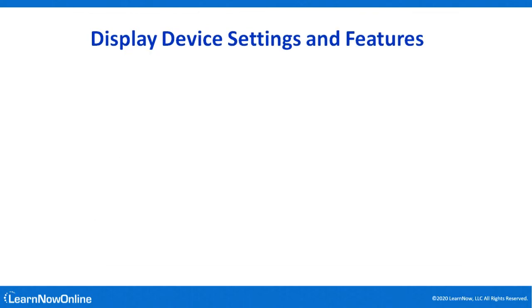Some of the settings and features of display devices that we talk about, one is the resolution. The resolution is the number of pixels that particular screen will display. And a pixel is nothing more than one little dot on the screen. So for instance, you'll see pixel resolutions, some of the typical ones, 800 by 600, 1024 by 768, 1600 by 1200.